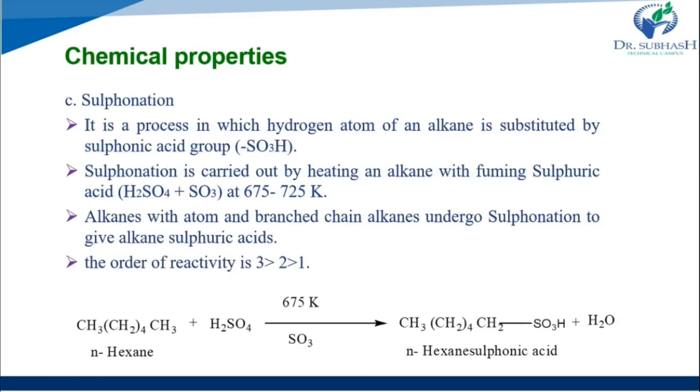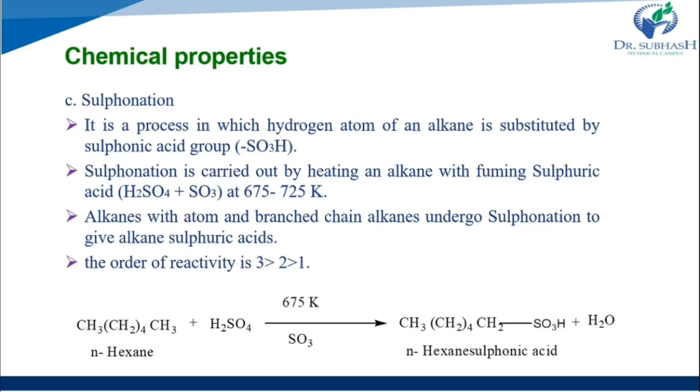And then the third reaction is the sulfonation reaction. It is a process in which a hydrogen atom of an alkane is substituted by a sulfonic acid group, and sulfonation is carried out by heating the alkane with fuming sulfuric acid, H2SO4 plus SO3, at a high temperature, that is 675 to 725 Kelvin.